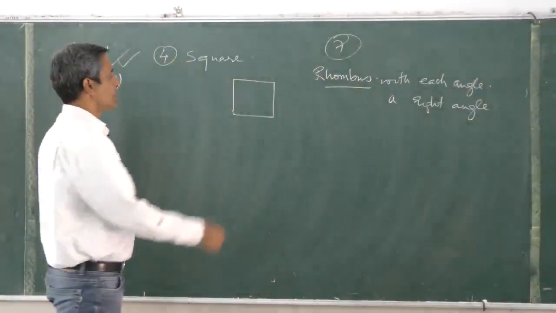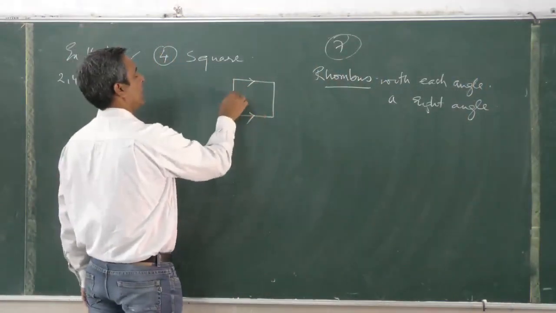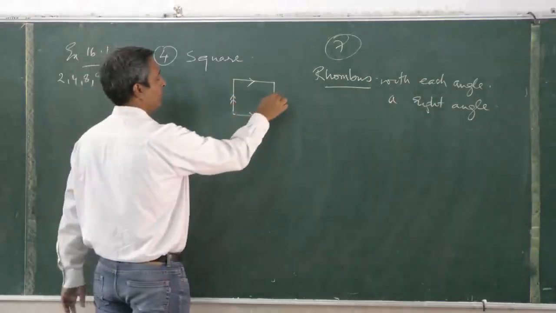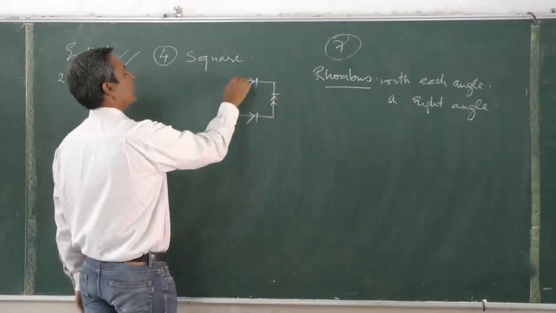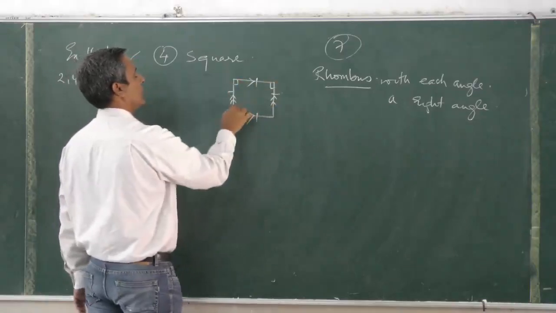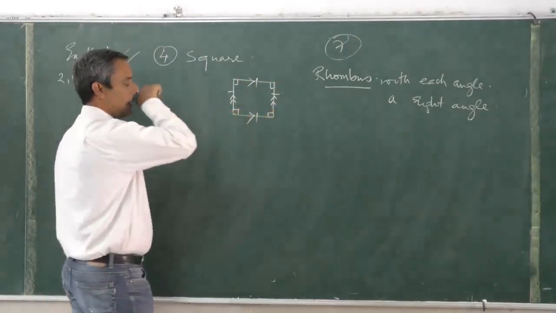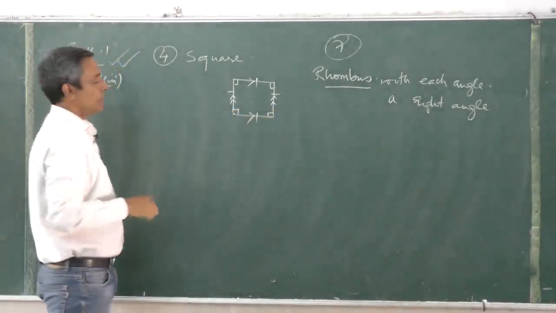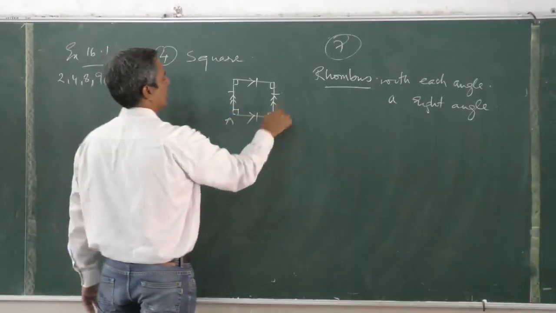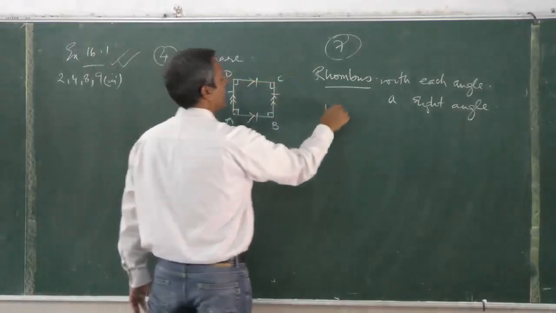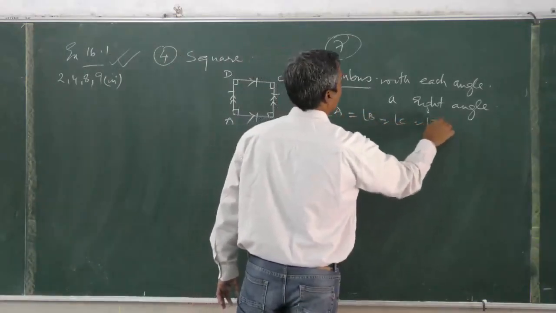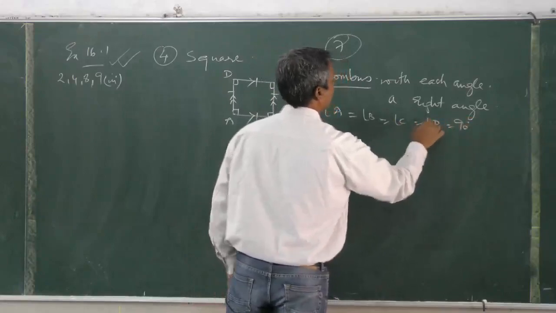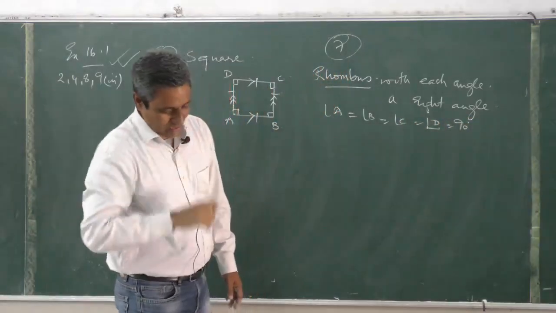What is a rhombus? Opposite sides parallel. That's from the parallelogram. All sides equal. But over here we have this new property. Each angle is 90 degrees. So each angle A, angle B, angle C, angle D is equal to 90 degrees. Is that clear?